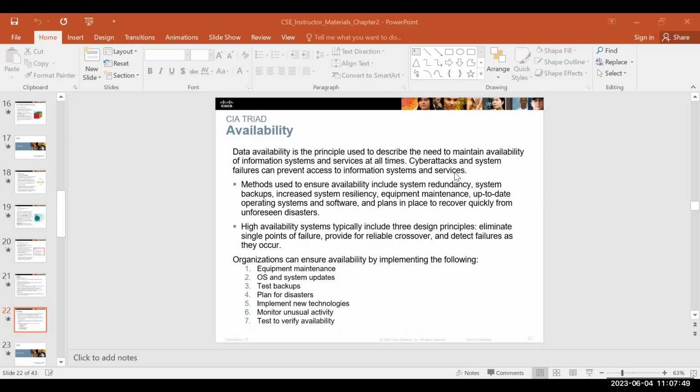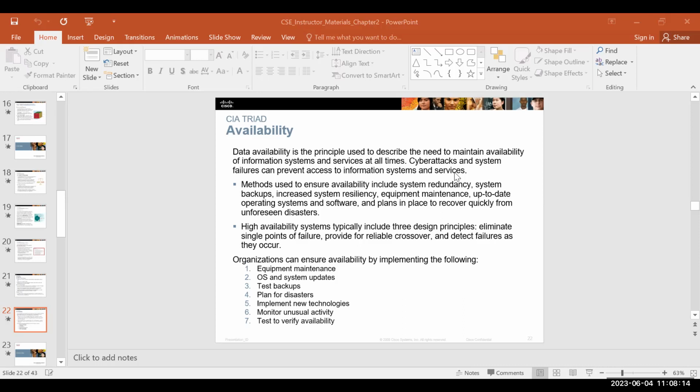Second, provide for reliable crossover. And lastly, detect failures as they occur. These 3 design principles are very important and are required to be implemented for high availability systems.